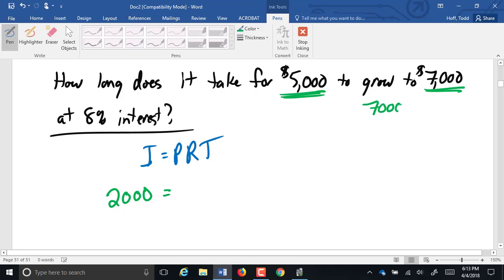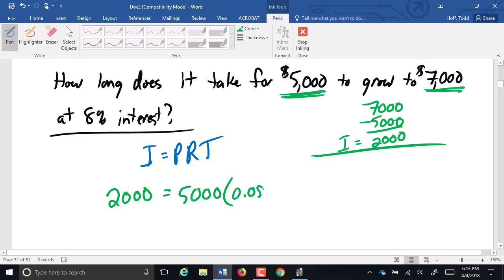The difference is $2,000. That's the amount of interest. Principal is the 5,000 that we started with. What's R? 0.08.